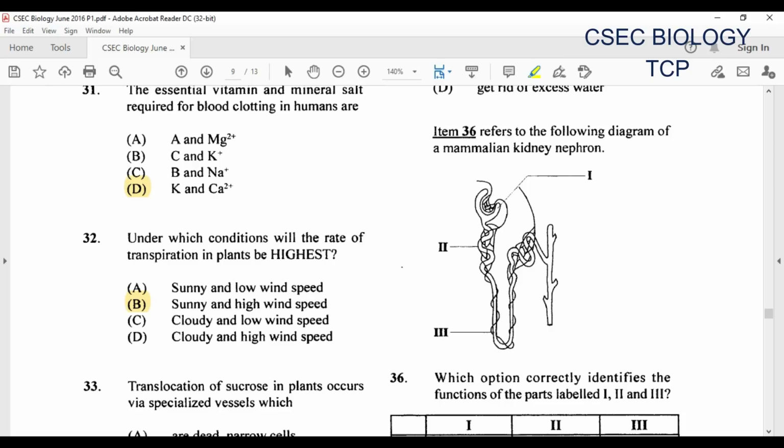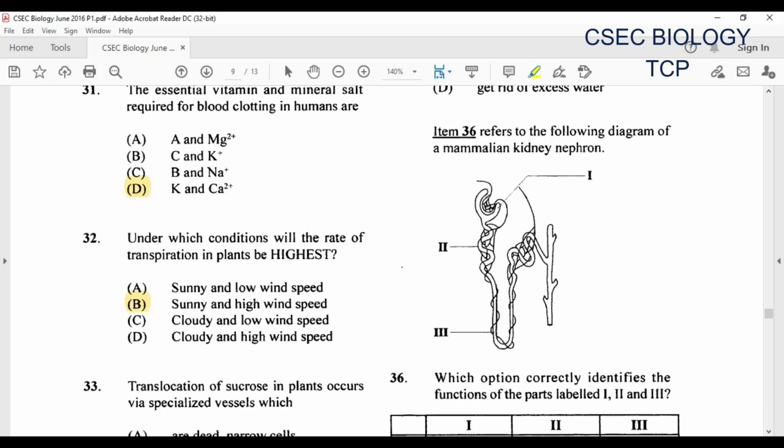We look at question 36. Question 36 refers to the following diagram of a mammalian kidney, and we are looking at the nephron. It is also called the kidney tubule. Now we're looking at some labeled parts there, and which option correctly identifies the function of the parts labeled 1, 2, and 3.